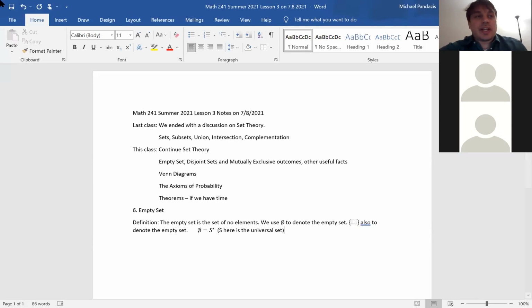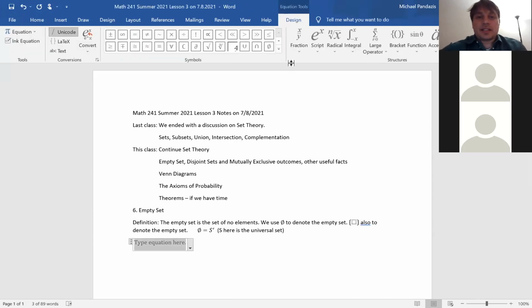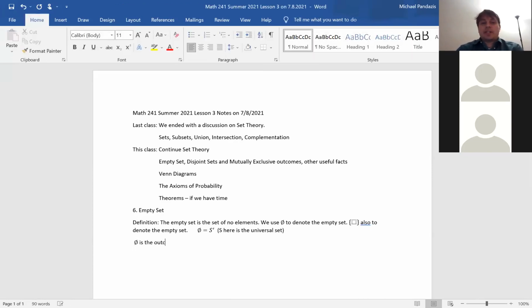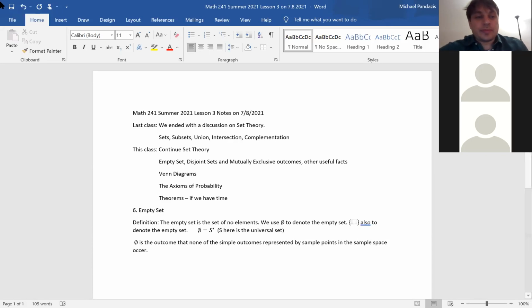If the universal set S is the set of all elements under consideration, its complement has to be nothing. So the empty set is equal to the complement of the universal set. The empty set is the outcome that none of the simple outcomes represented by sample points in the sample space occur.